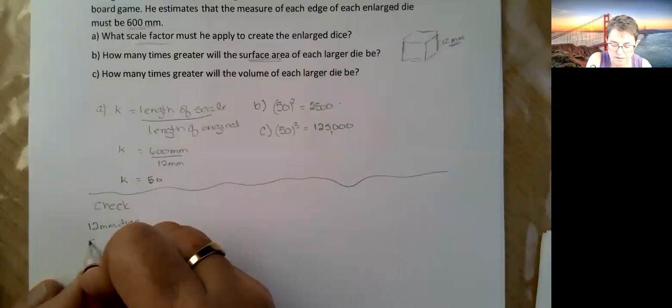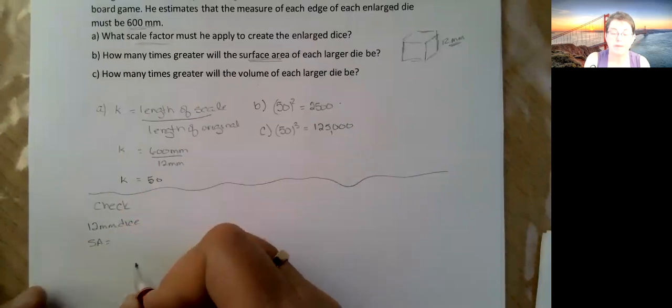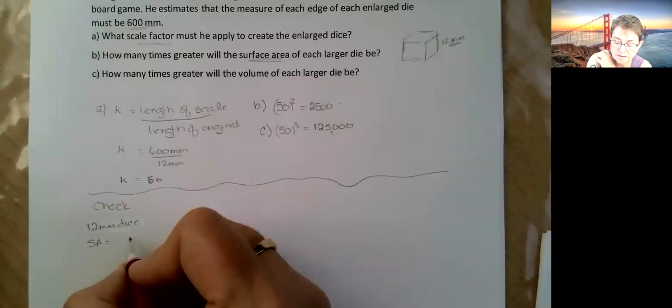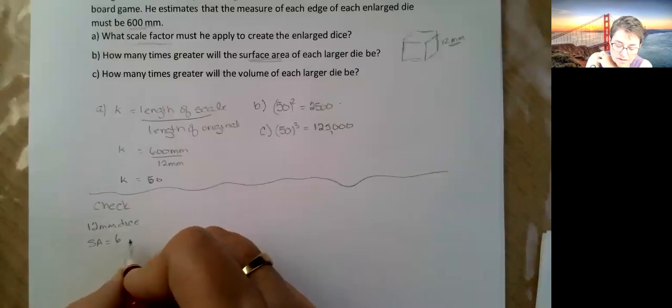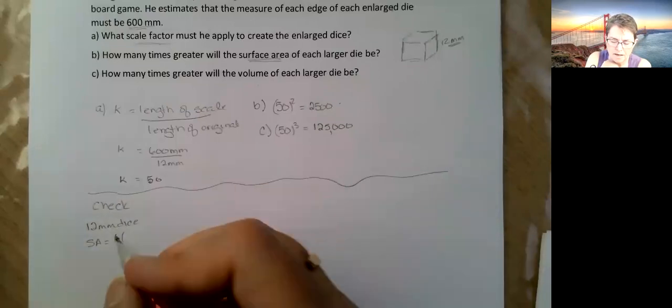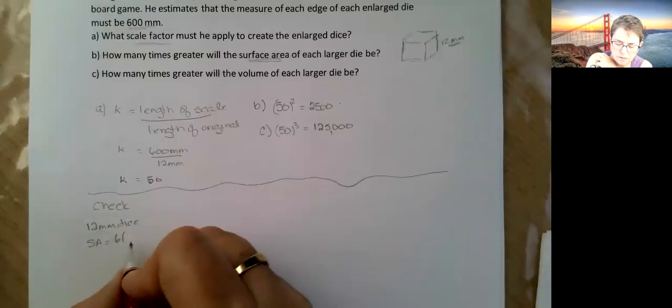Okay, let's do surface area. All right, and we're going to cheat here because it's a cube, right? So every single face is the same. So there's 6 faces, 6 sides, front, back, left, right, top, bottom. And they're all 12 by 12.